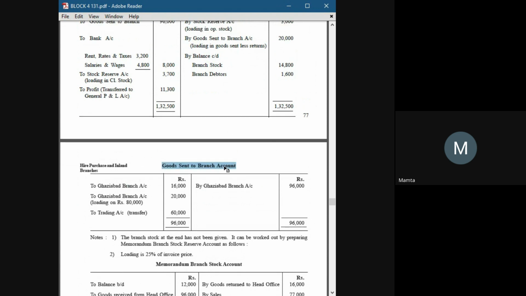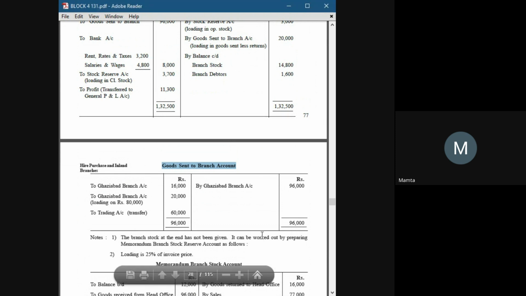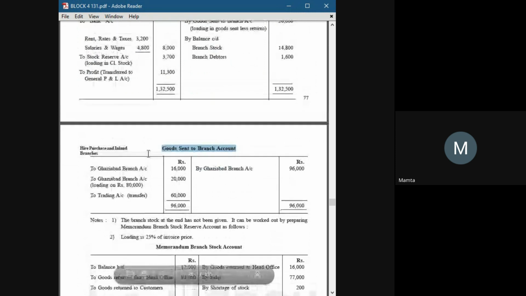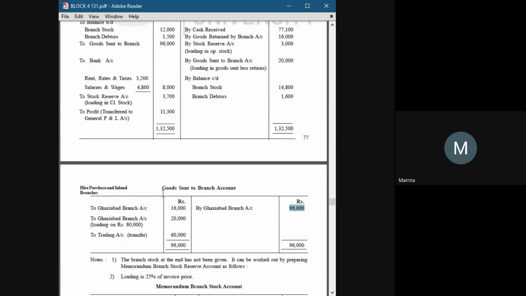Goods sent to branch account. This is the direct account of goods sent to branch. Here, the goods sent are 16,000 as the opening stock, and 96,000 to the Ghaziabad branch. Goods sent to branch account debit to Ghaziabad branch account is 80,000, and the difference here is 20,000.